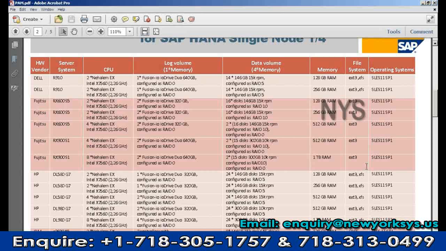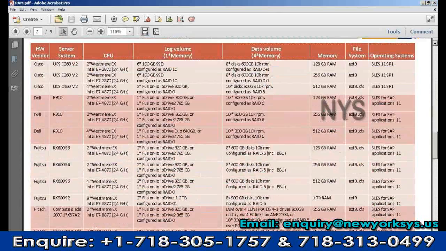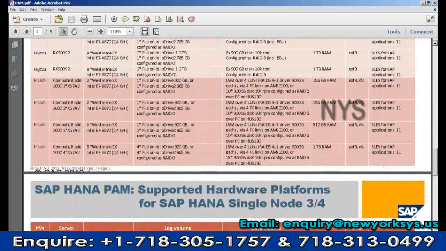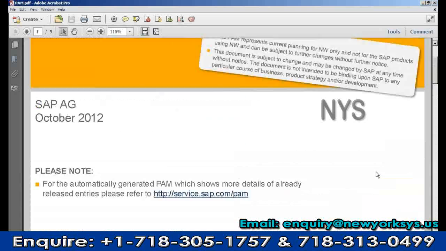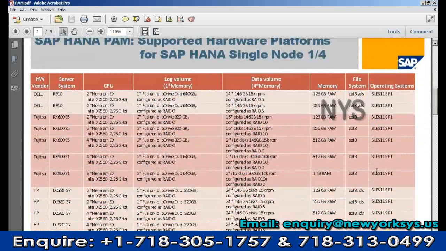This particular operating system is used by all the hardware vendors, HP, Fujitsu, IBM. Everybody is using the same thing. What you can understand from this is SAP HANA is operating system dependent. It only runs on SUSE Linux Enterprise Server 11.